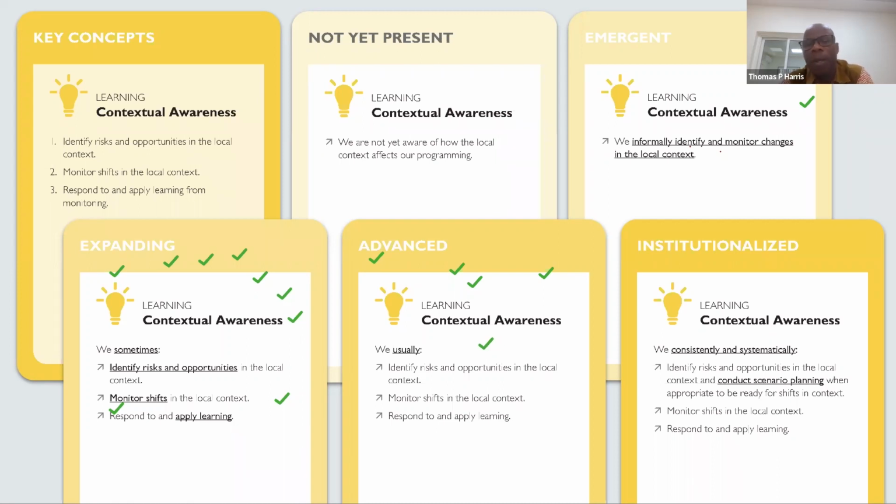Though we provide support to individual IPs, we're going to learn some things from them. We're going to learn about local context, and we learn the way they implement their own CLA activities and all the learning from there. Right now it is somehow informally structured, but yet again, we are identifying opportunities, we're identifying risks. So there was a struggle between, to what extent on the spectrum, is it emergent or is it expanding?